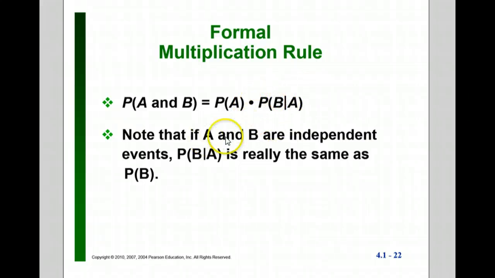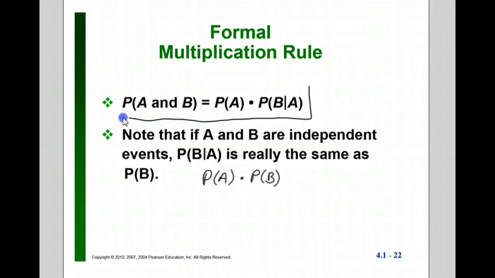Now if they're independent, the probability of B given A is the same as the probability of B, and it simplifies down to the probability of A times the probability of B. So if they're independent, we just multiply the probabilities of the two events. But if there is a dependency, then this rule will work. This rule actually takes care of both, because when the events are independent, we get the simpler version from it anyway. So this is the rule to remember, and the rule to practice and use.